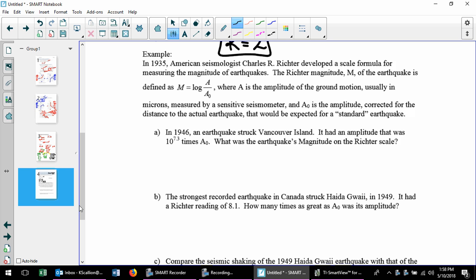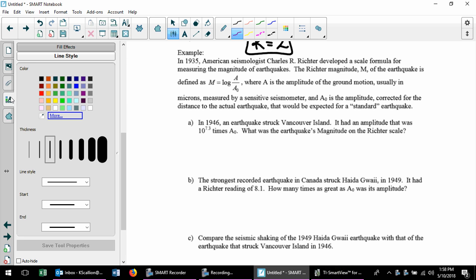It's the same thing as setting it up as a ratio. You're cool never knowing how to do it?